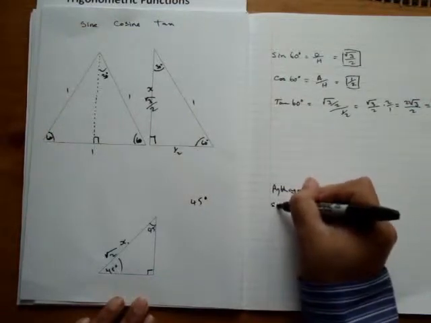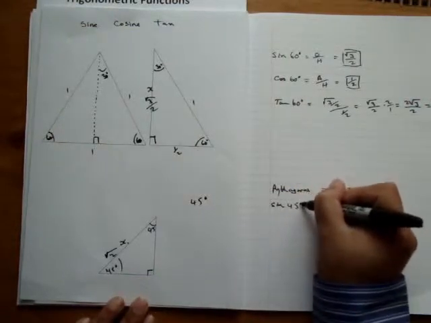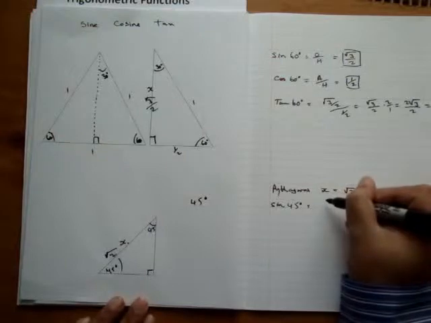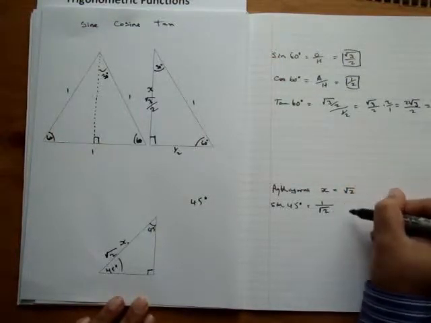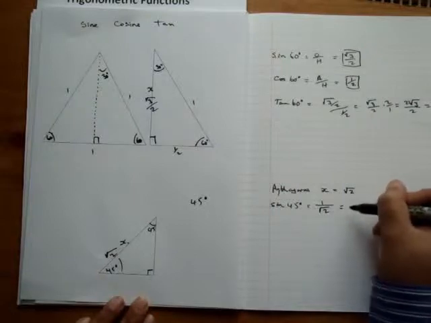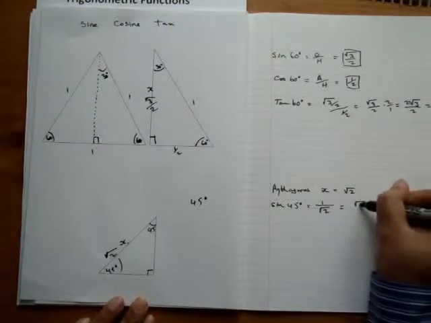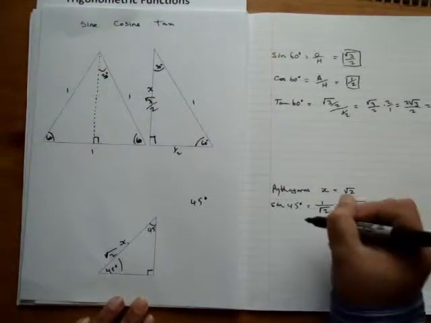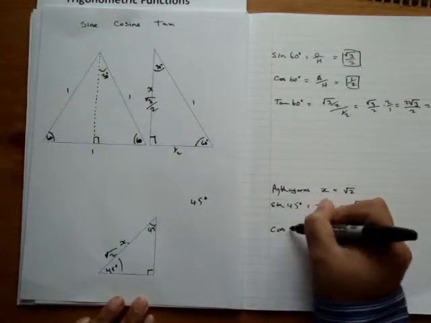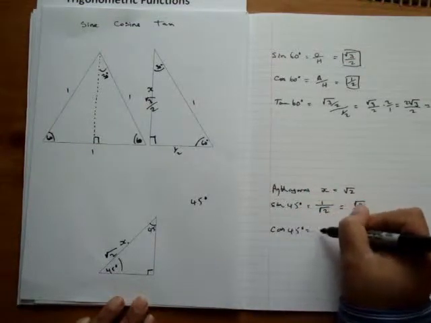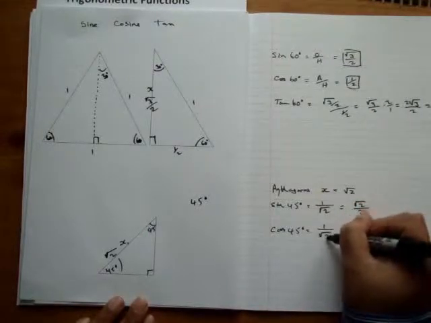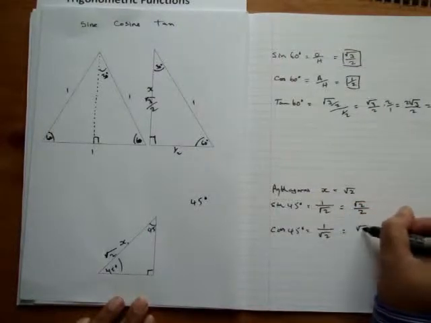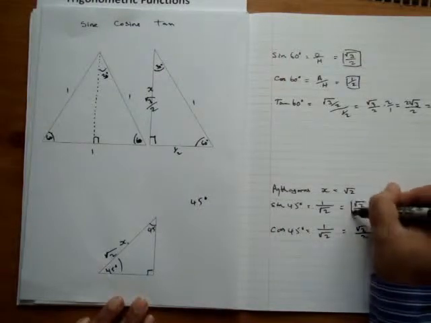So sine of 45 degrees is 1 over square root of 2, and when we rationalise the denominator we get square root of 2 over 2. Cos 45 degrees is again 1 over square root of 2, and that again is square root of 2 over 2.